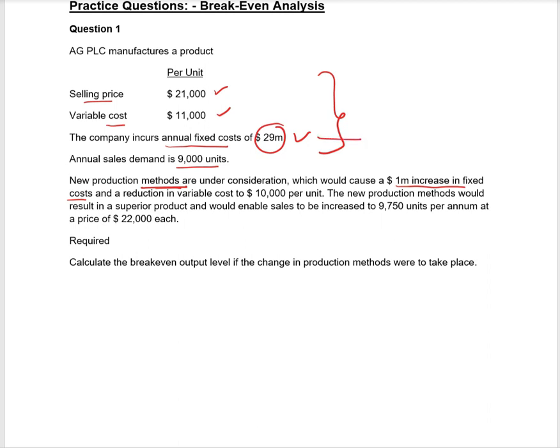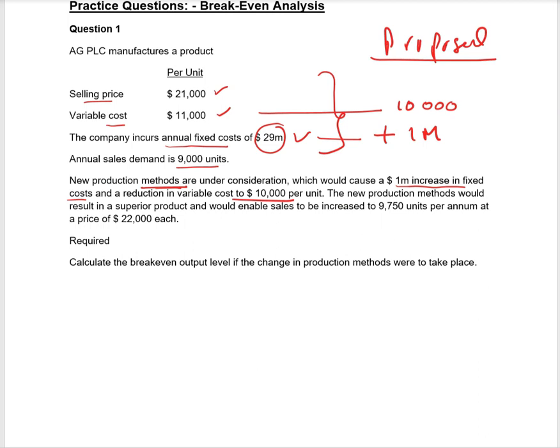Under the proposed method, this 29 million will increase by another 1 million, and a reduction in variable cost to 10,000 per unit. Currently the variable cost is 11,000. This will reduce to 10,000 as a result of this proposed production method.